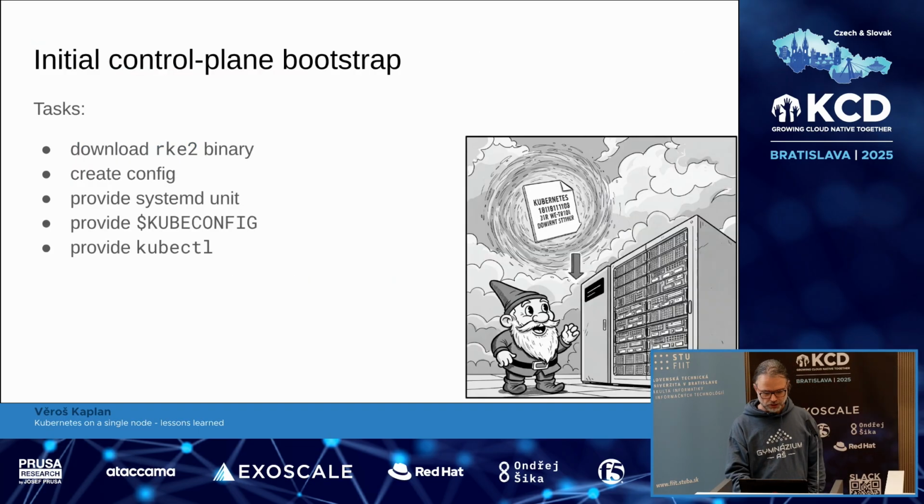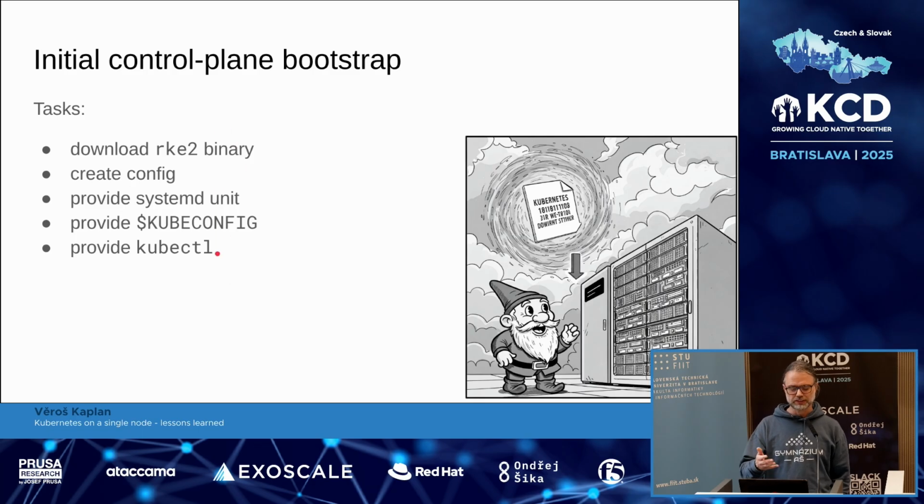The really nice part with Rancher Kubernetes Engine and K3s is that the installation is really straightforward. You just download one binary, you prepare some config files, you provide a system unit to start it on machine start, you provide a kubeconfig, and you provide the kubectl binary because you would like to communicate with the server, and you are done.